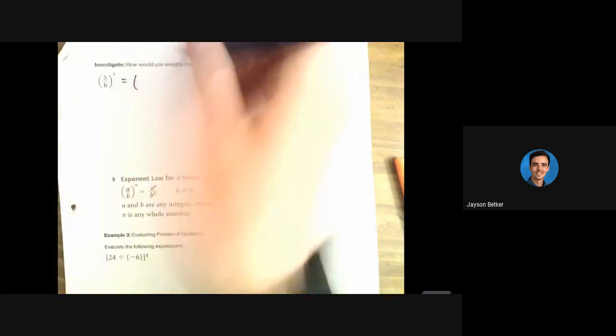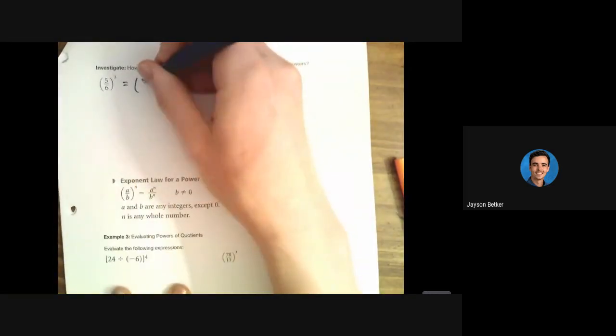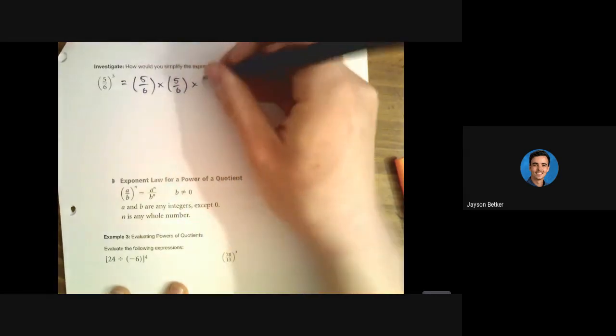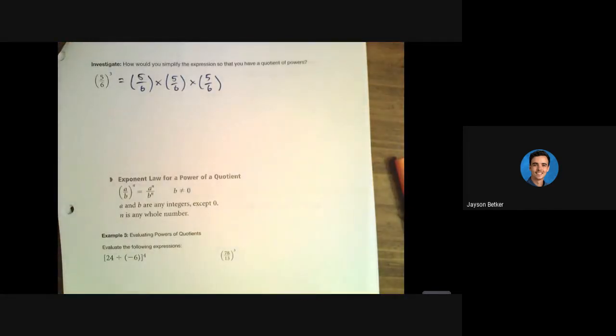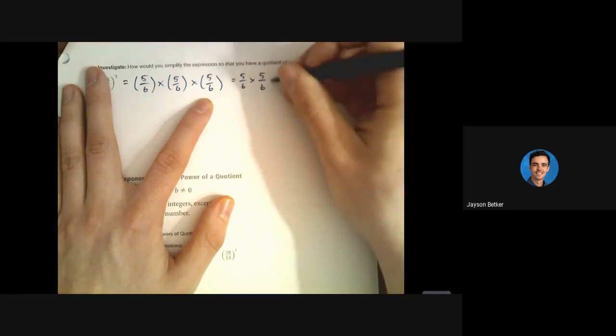So this would be 5 over 6 times 5 over 6 times 5 over 6. Let's get rid of the brackets. So it'll look the exact same, 5 over 6 times 5 over 6 times 5 over 6.